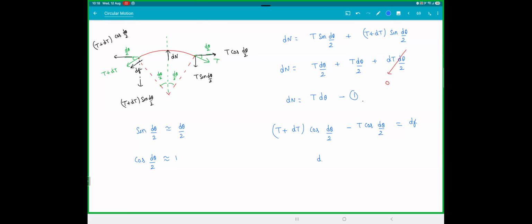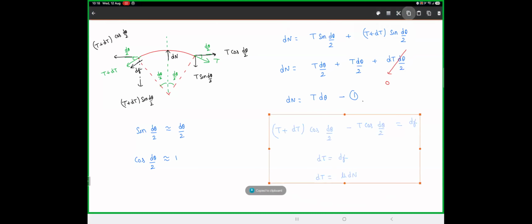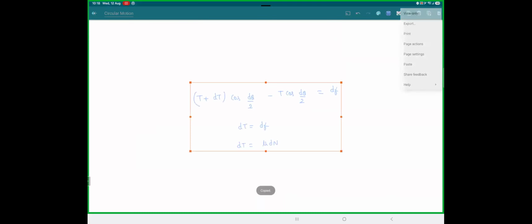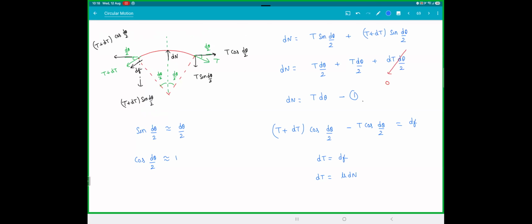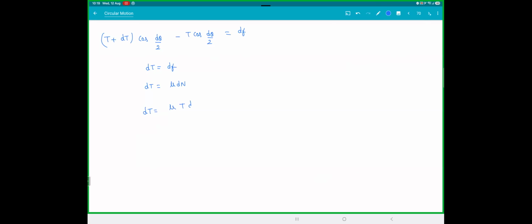Cos d theta is anyway constant. I'll get dT is equal to dF. But what is dF? Mu into dN. Let me show it in the next page. You guys should definitely go through today's note. It's pretty heavy, there's a lot of stuff. And this would be dT is equal to mu, and dN we proved it is T d theta. So this will be dT by T is equal to mu d theta.